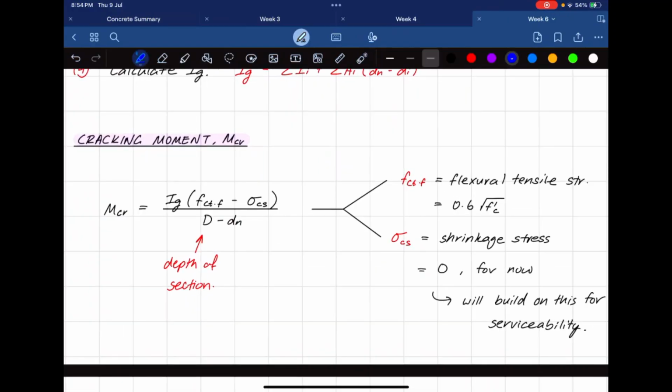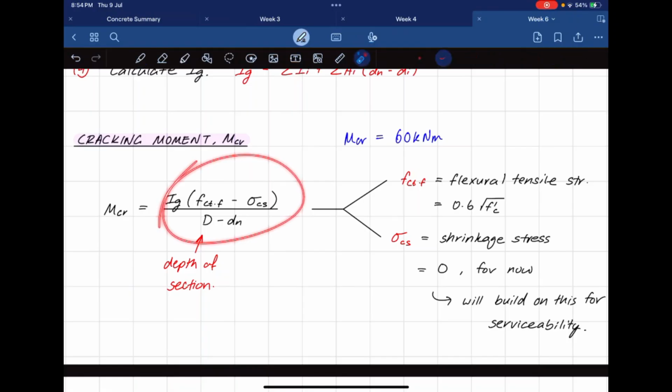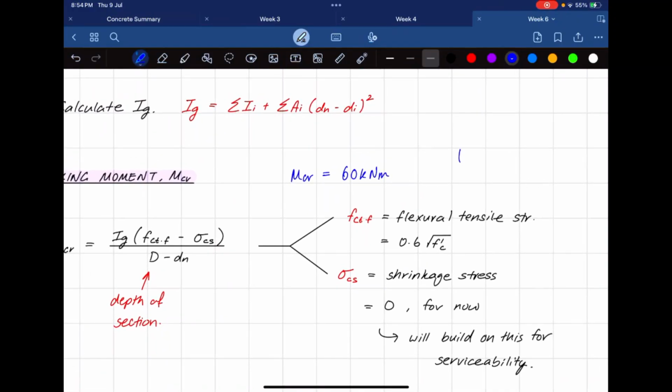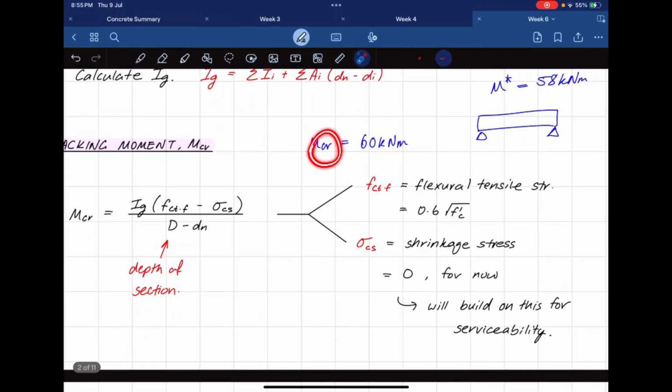So MCR, let's say the value for it is 60 kilonewton meters. You do all this calculation and you get 60 kilonewton meters. Let's say on a certain beam, what's acting is 58 kilonewton meters. MCR is the capacity before it cracks.